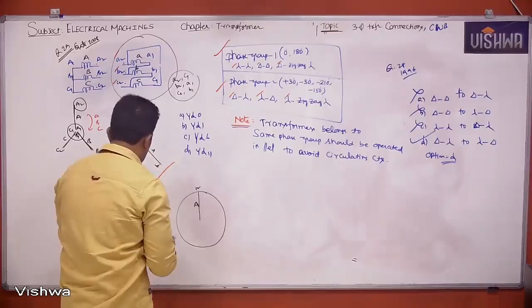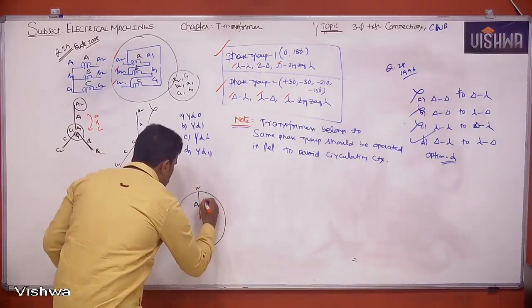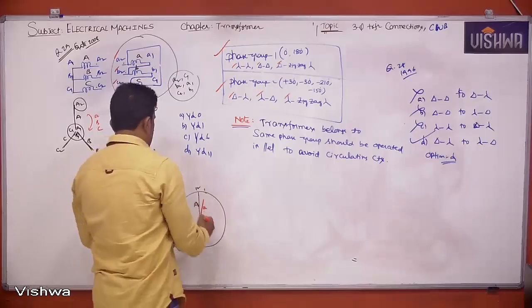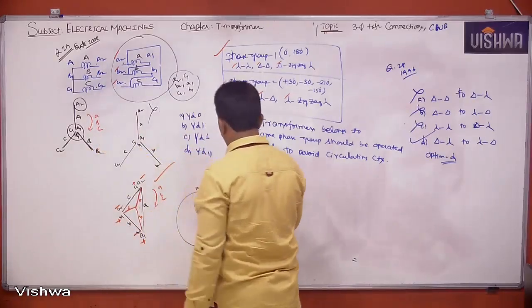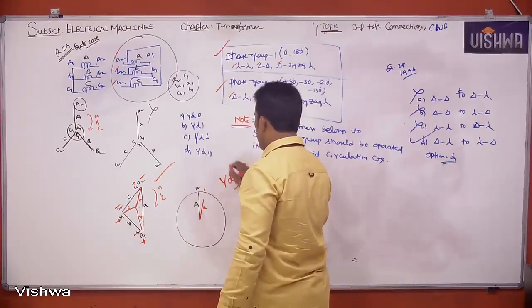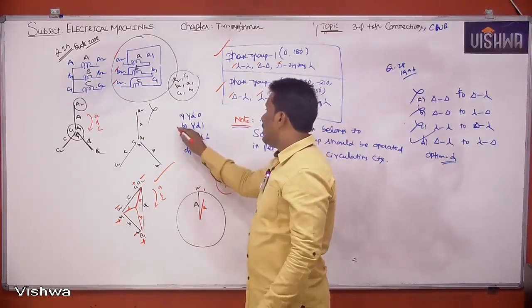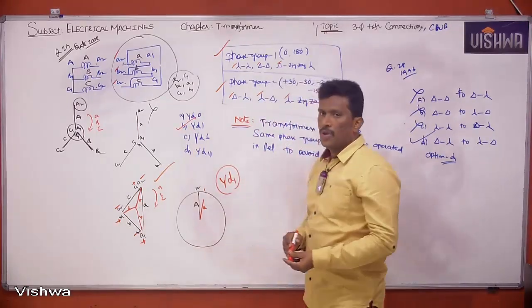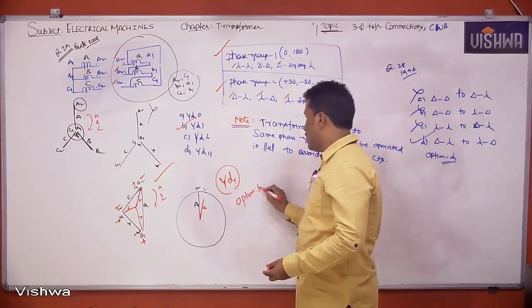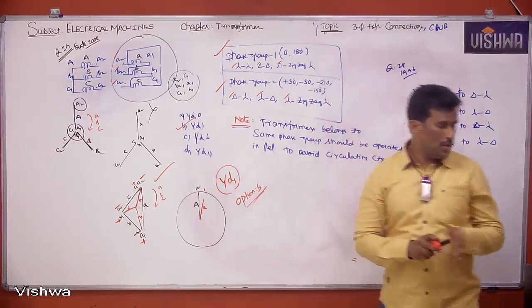Small a is here at 1 o'clock. So what is the connection? Primary star Y, secondary delta small d, YD1 o'clock is the answer. YD1 is the answer. Option B is the answer. Please note that down.